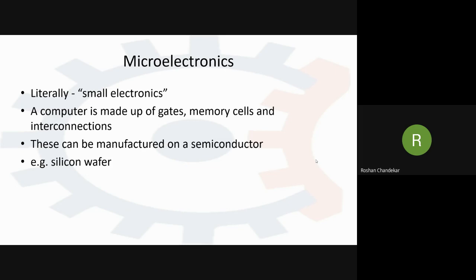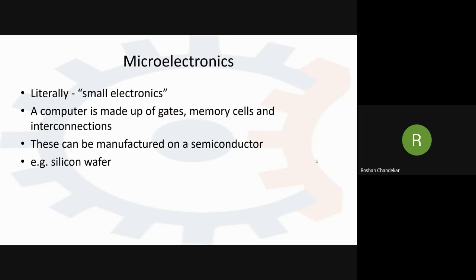Look at our computer. Nowadays a CPU is made up of a combination of gates, as we discussed in the bridge courses. There are different types of gates: AND gate, OR gate, NOT gate, NAND gate, NOR gate, universal gates, exclusive OR gate, basic gates.